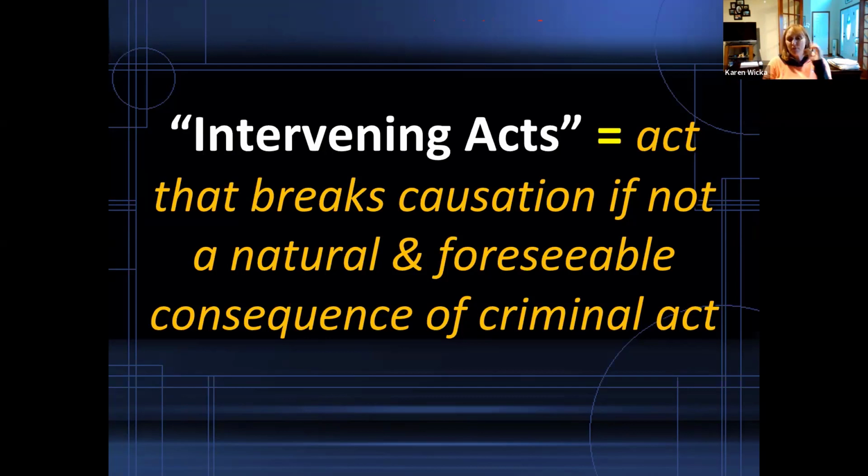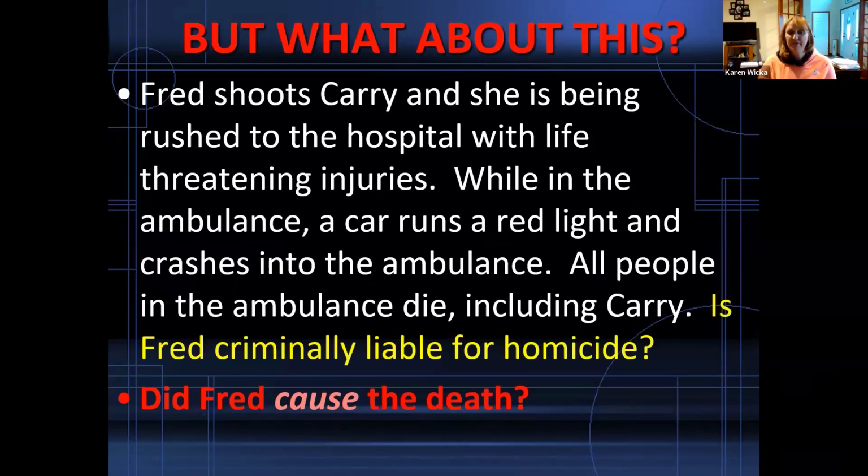Okay? Now, if the person dies based on what the defendant did and it's natural and foreseeable that if you do X, it could lead to death, then you may be able to get around it. But you have to show that it's a natural and foreseeable consequence. So maybe in the first one, where Fred shoots Carrie, it is natural and foreseeable that somebody could die when you shoot them.